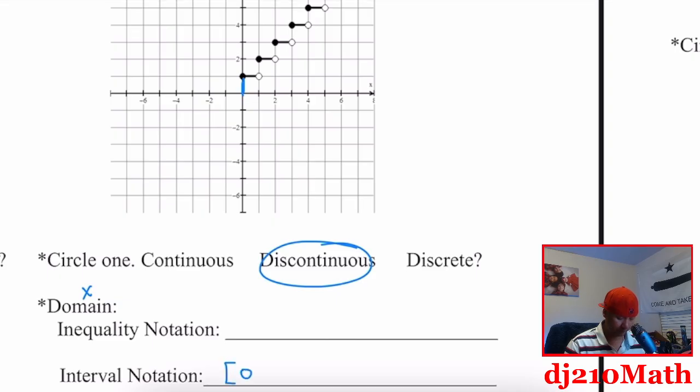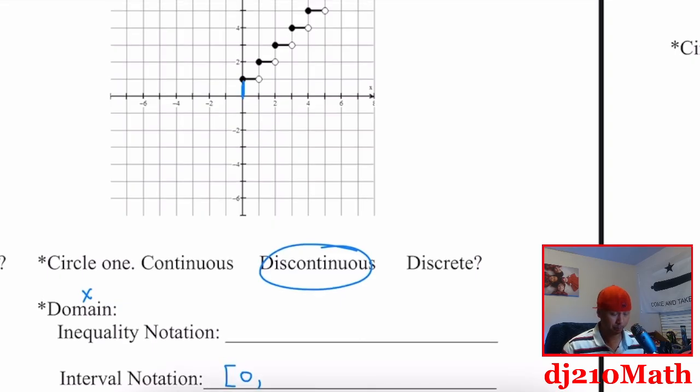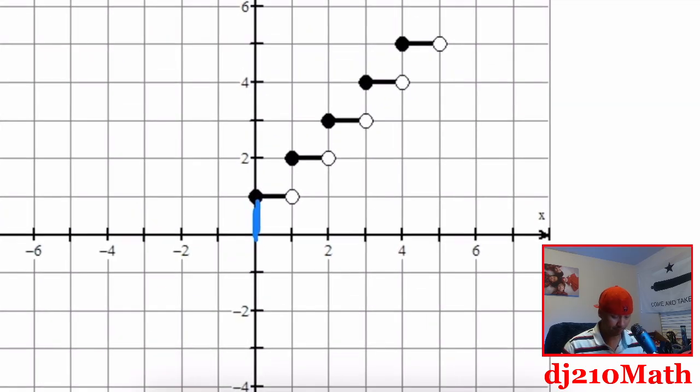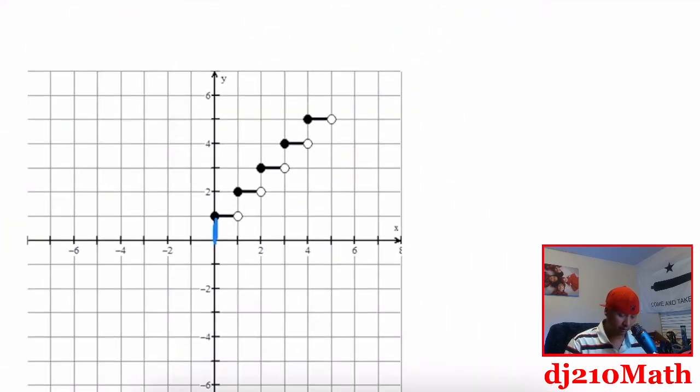So bracket 0. Now, as we move to the right, right here, even though there's a closed circle and an open circle, the closed circle takes priority, right? So technically it's still together, right? Like it's still continuous, right?